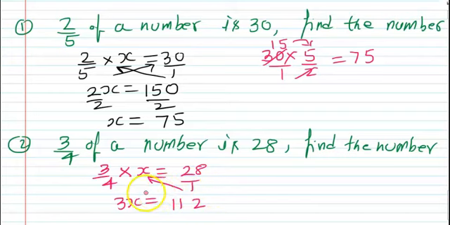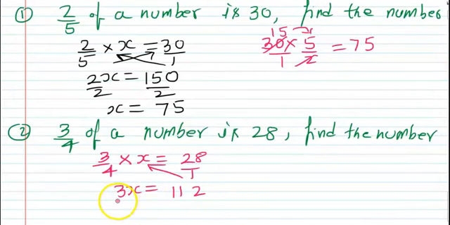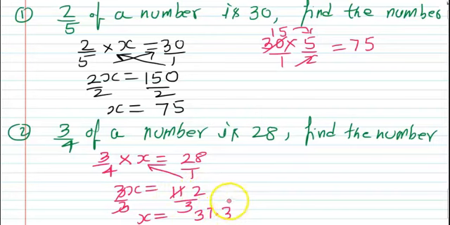Guys, you need to say 4 times 28 is how much? Okay. And divide by 3 both sides. So once you divide by 3 both sides, 112 divided by 3 is 37.33 recurring. So for recurring we can put a dot here.